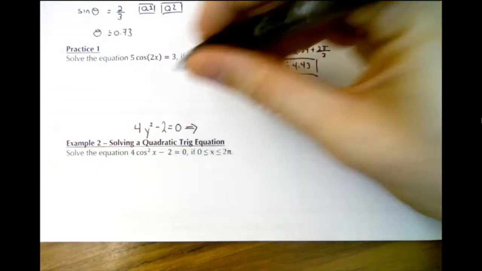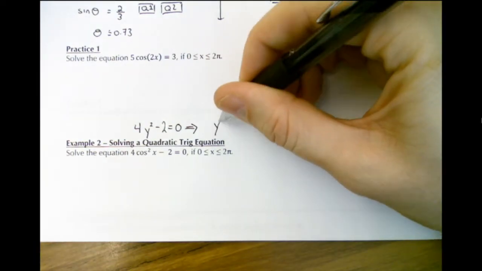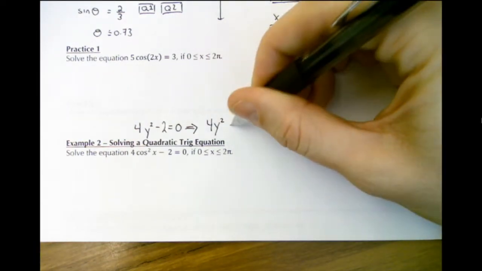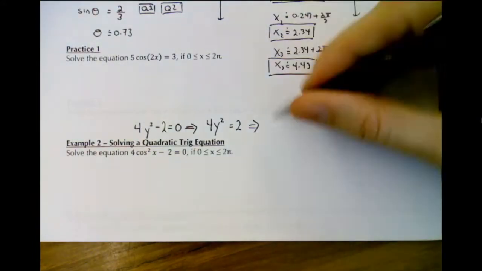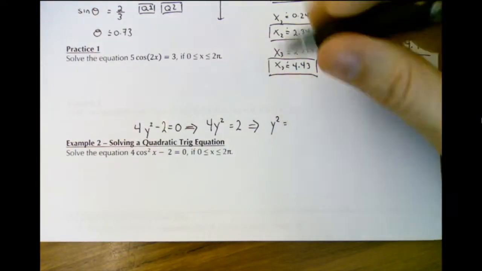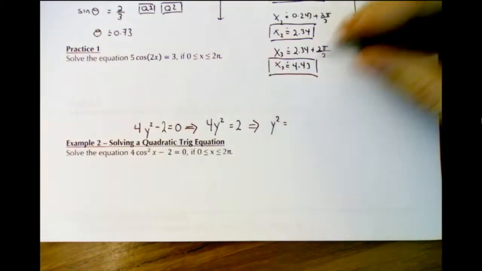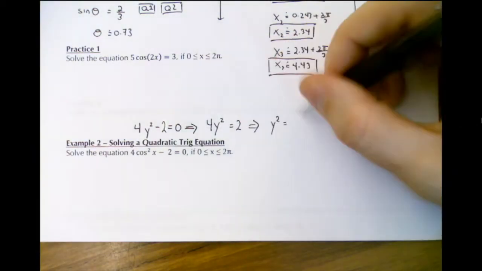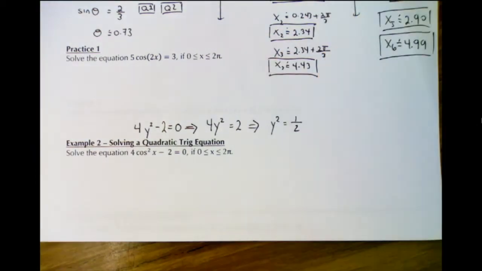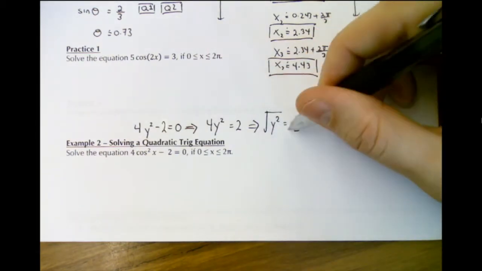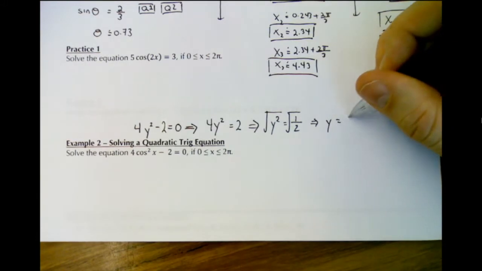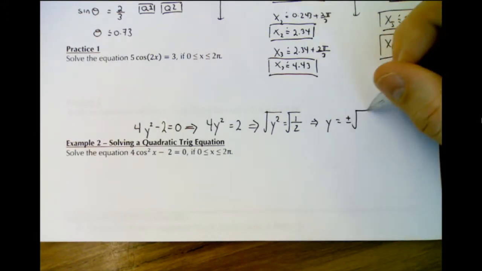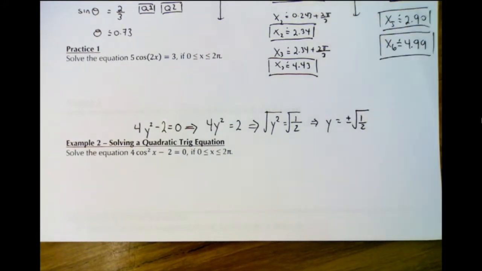Adding 2 to both sides, you would get 4y squared equals 2. Then dividing both sides by 4, you'd get 2 over 4, which is the same as a half. And then to solve, you would square root both sides, and you would get y equals plus or minus the square root of 1 over 2.